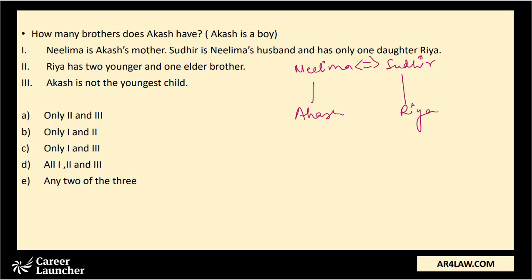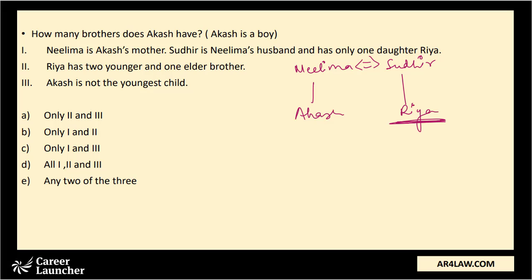So does this information answer how many brothers does Akash have? No, actually not. Statement 1 alone is not telling me how many brothers Akash has. We'll look at statement 2 now. Statement 2 says Riya has 2 younger and 1 elder brother. So this girl Riya has 3 brothers, 2 younger than her and 1 elder.